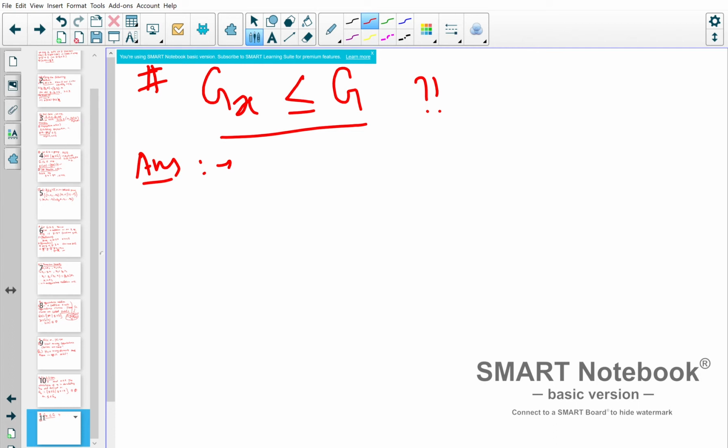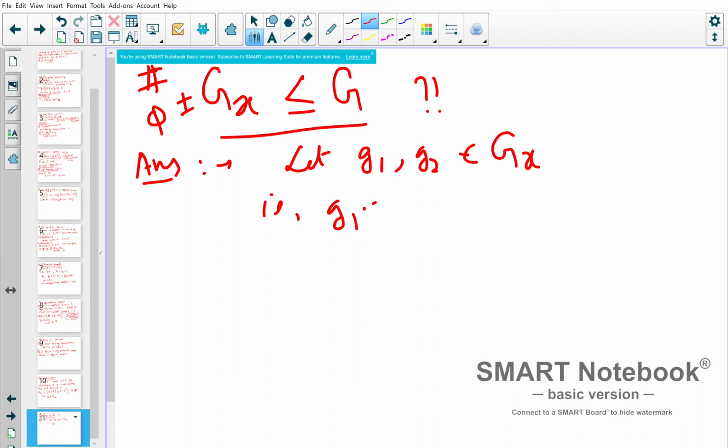So how to check it? Obviously you already saw this is non-empty, identity is there. Now let g1 and g2 belong to the stabilizer of x, and we show that g1 g2 inverse belongs to it. So g1 dot x equals x, and also g2 dot x equals x, because they are elements of the stabilizer of x.